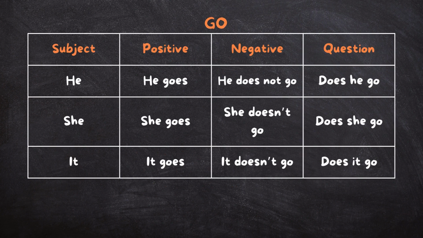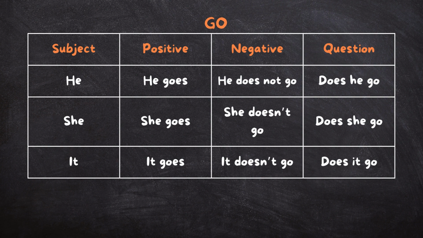Now let's see in a tabular form the verb go and how it is with the positive, the negative, and in the question form. So he, with a positive form, remember it's only in the positive form that we add an s or es. So when we're not asking a question or when we're not saying a negative sentence, remember to add s or es to the end of the verb depending on the way it ends, whether with a vowel or a consonant.